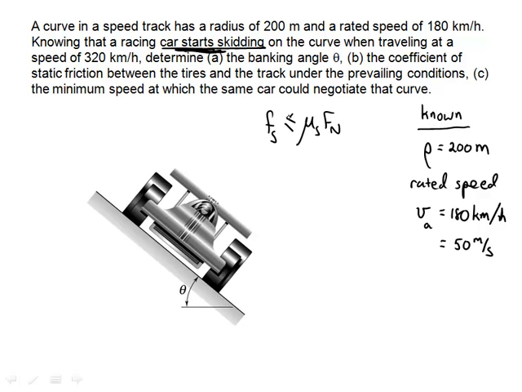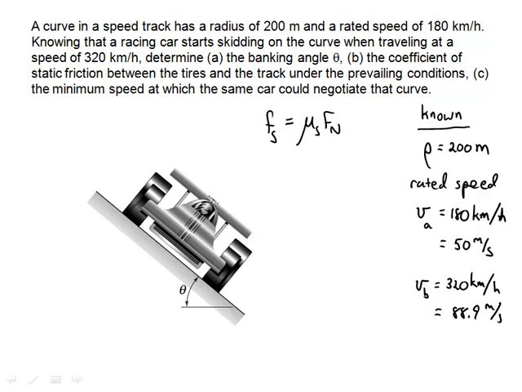In other words, less than or equal to for part B becomes not less than or equal to, but equal to. In other words, I'm at that maximum value for the static frictional force. And so in part B, the velocity is 320 kilometers per hour, and that corresponds to 88.9 meters per second.